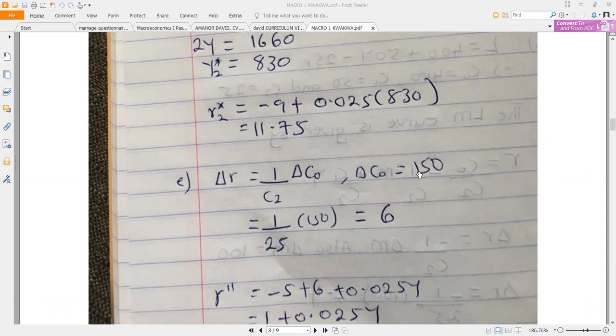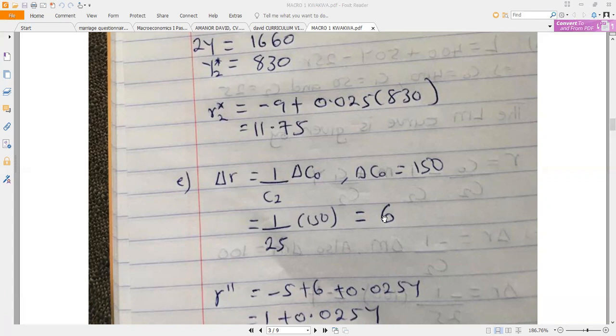It has increased by 150, so positive. Remember C2 is 25. So change in R is 1 over 25 times 150, which gives us positive 6.